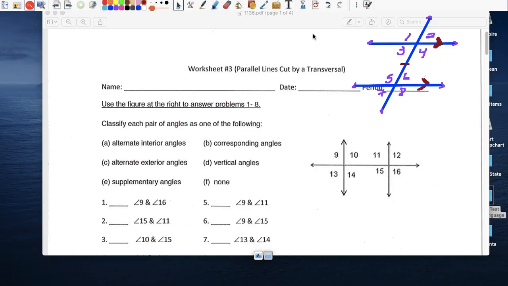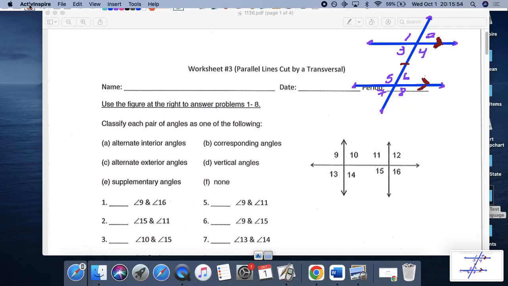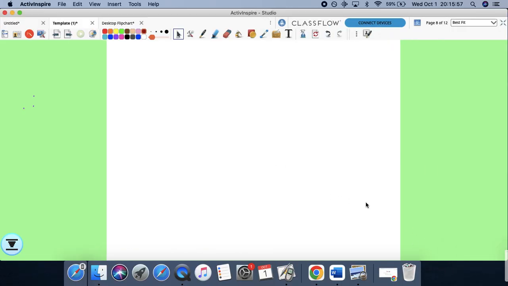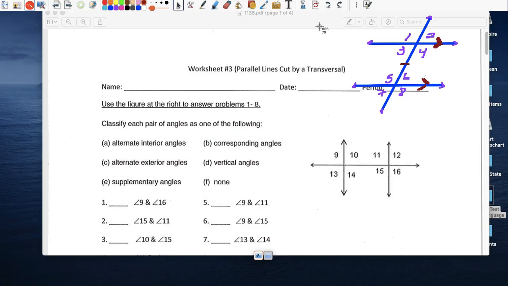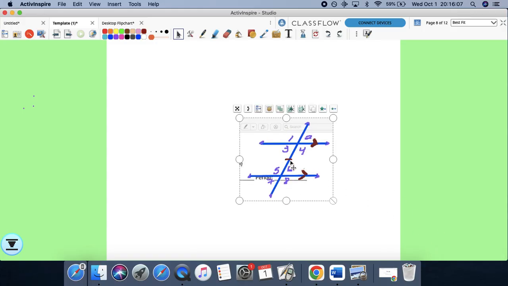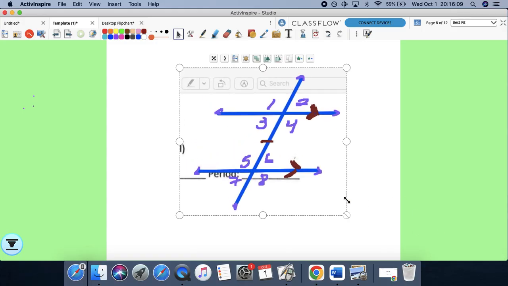Let me see if I can take a picture. Let me bring it over here. Oh no, it disappeared. Hang on a second, sorry. Let me take a picture of this. Bring this over here.